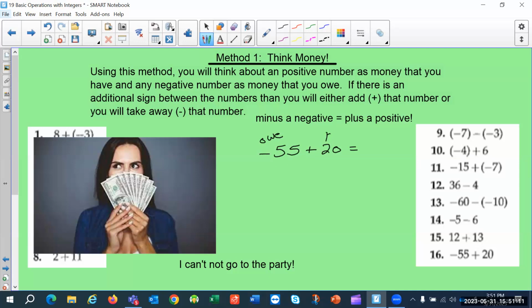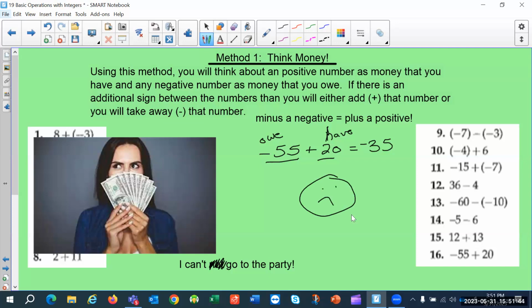You're going to think about having or paying $20. What do you have left? Hit pause, figure it out. It's $35, but is it negative or positive? Well, the negative is much bigger than the positive, so it's going to be -35. You still owe $35. Sorry. You can't go to the party. You don't have any money.